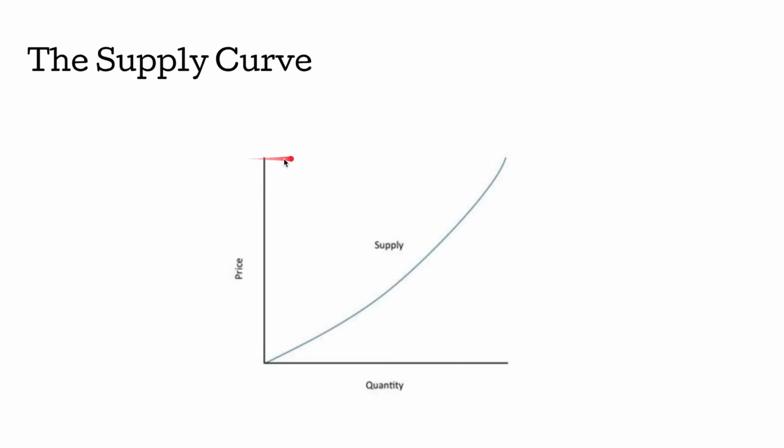When the price of strawberries is high, the quantity supplied will also be high. And this demonstrates the law of supply, which basically tells us that as the price goes up, the quantity supplied of strawberries is going to increase.